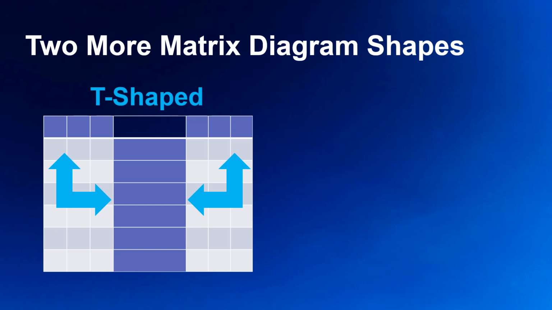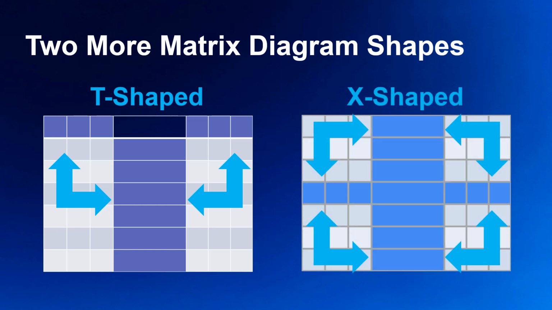The X-shaped matrix has four L shapes embedded in it, with data relationships going all the way around. However, the first group does not directly relate to the third group, and the second group does not relate directly to the fourth group. If you can build a T-shaped matrix, you can easily build an X-shaped matrix by adding rows at the top and adding a new set of data labels on top.